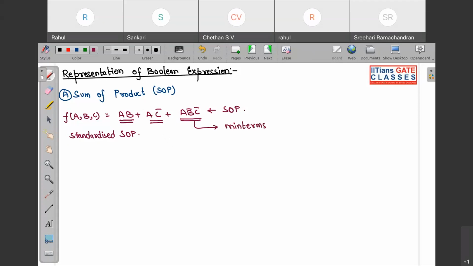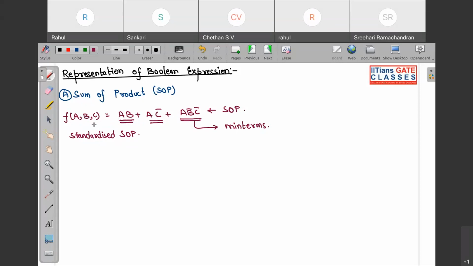In standardized SOP, all the individual min terms should contain all the three variables a, b, c, because the function is defined for three variables.